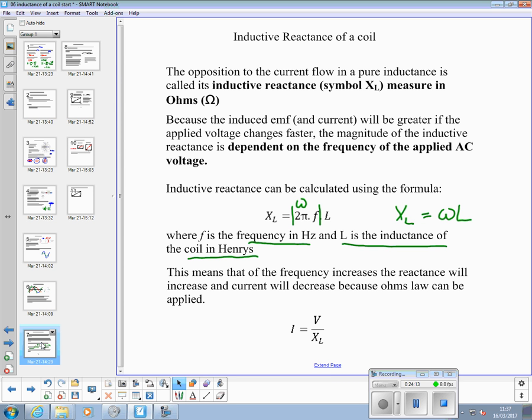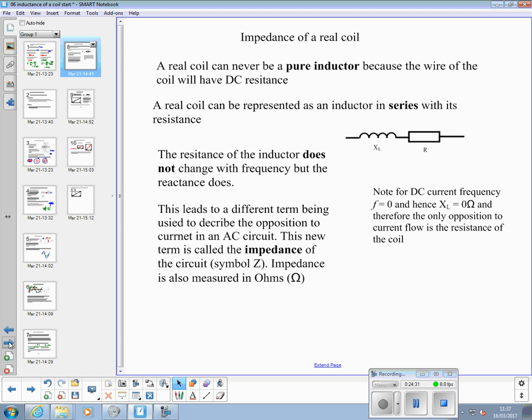Right? Everyone happy? So Ohm's law still applies, but you're going to find out in AC theory eventually some complex number math comes in there. Alright? Everyone happy? No questions? Good.